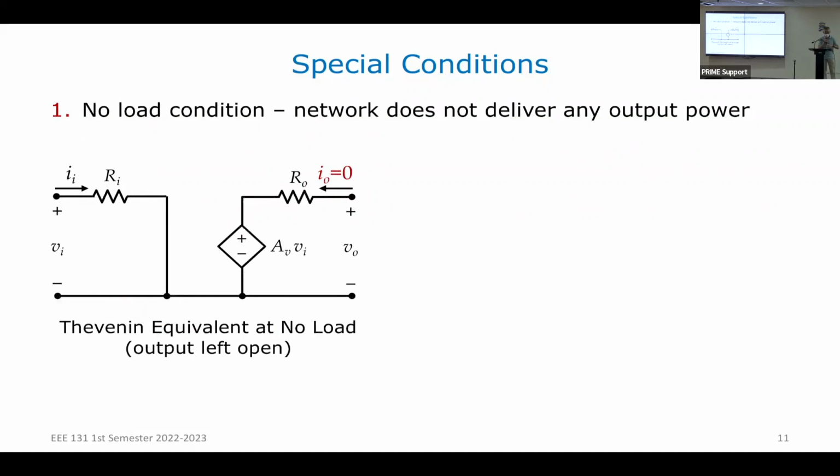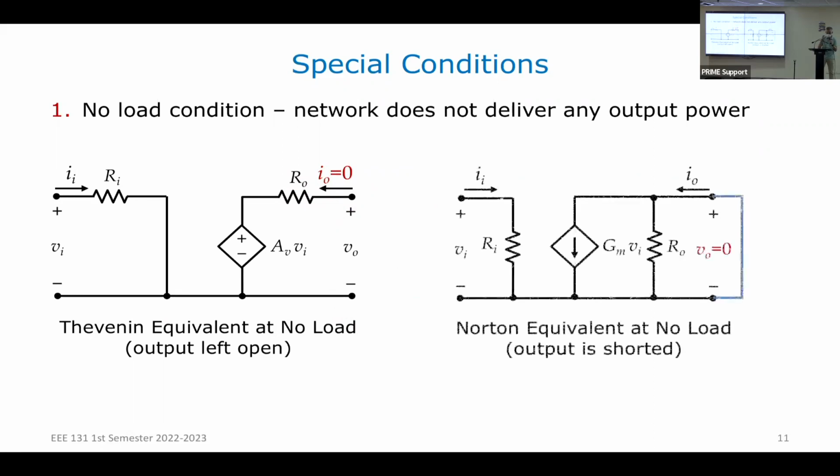What is the no load condition if this is the Thevenin equivalent? The no load condition would correspond to when I is equal to 0, which means we leave the output port open. If we're talking about the Norton equivalent, what corresponds to no load?